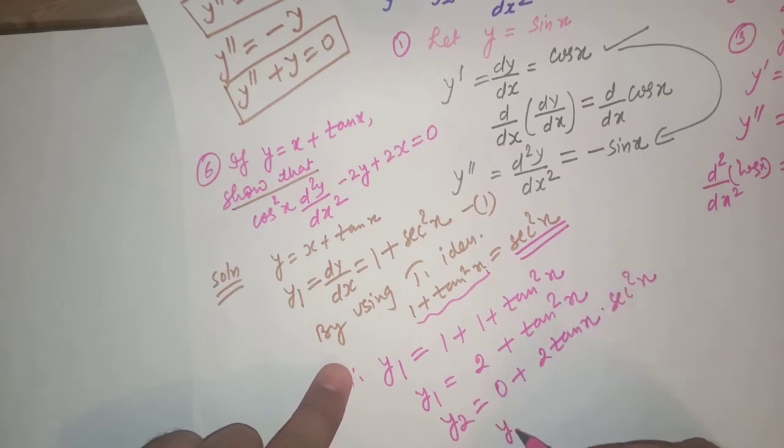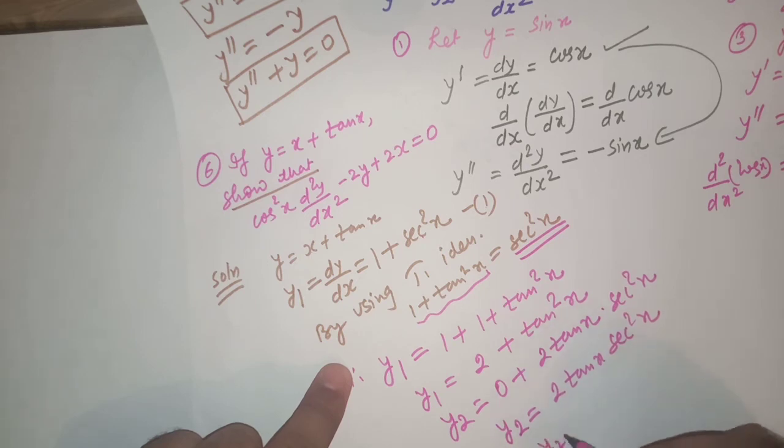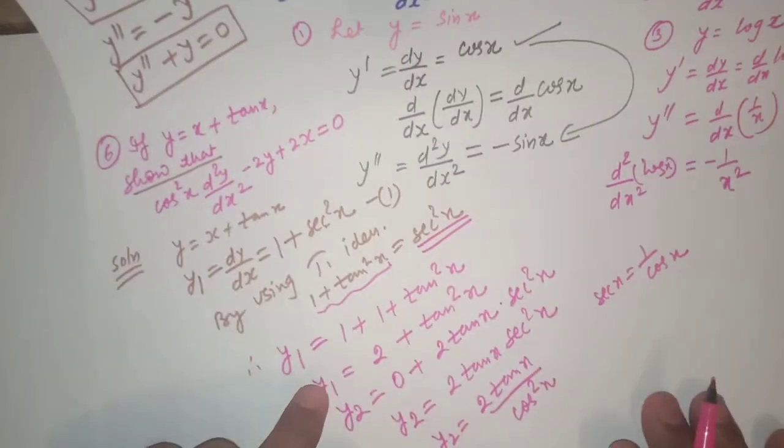Clear? So we get y2 is equal to 2 tan x secant square x. Clear? Now y2 can be written as 2 tan x over cos square x, because secant x is equal to 1 over cos x. Clear?